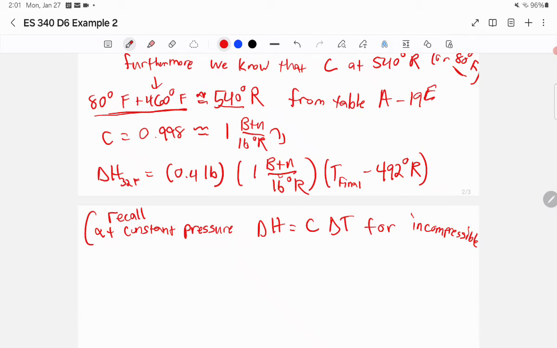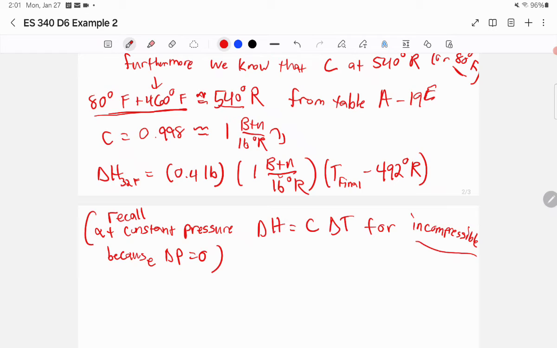Because delta H was equal to C times delta T plus V times delta P, right? But delta P is equal to 0, so that term just drops out for the incompressible case at constant pressure.